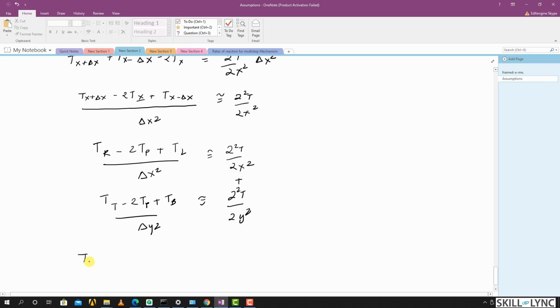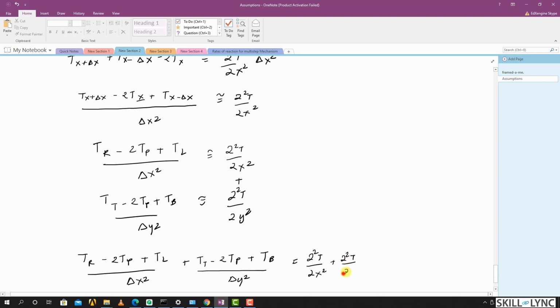So I'm going to say that T right minus 2 Tp plus TL by Δx squared plus T top minus 2 Tp plus T bottom divided by Δy squared is equal to ∂²T/∂x² plus ∂²T/∂y².